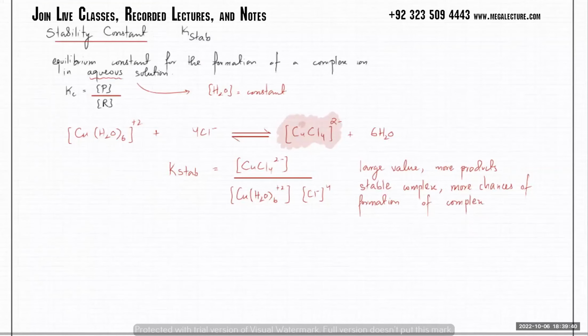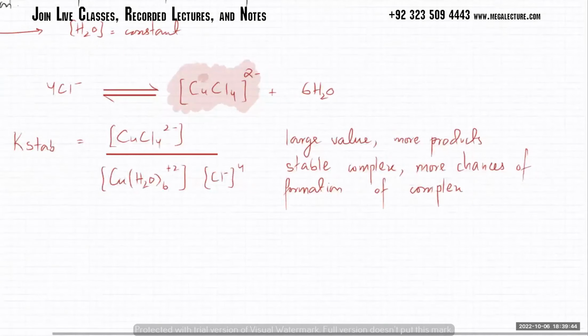Okay, small value shows exactly the opposite, that the reaction favors the backward reaction. The vice versa, small value shows that the backward or the reactants are favored.